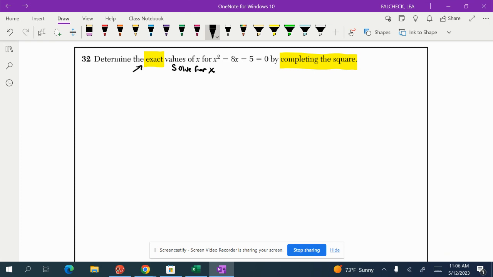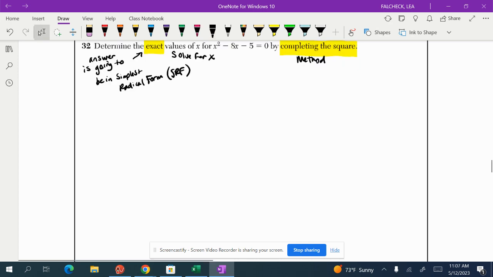Exact means that our answer is going to be a whole number or in simplest radical form. And the method that we are going to use to solve for x is completing the square.